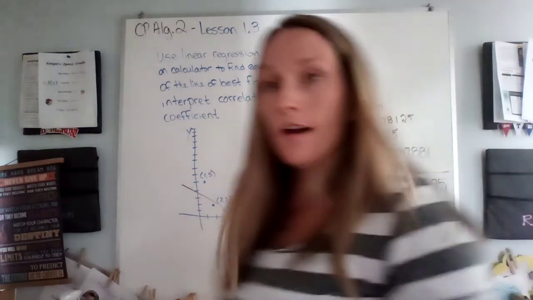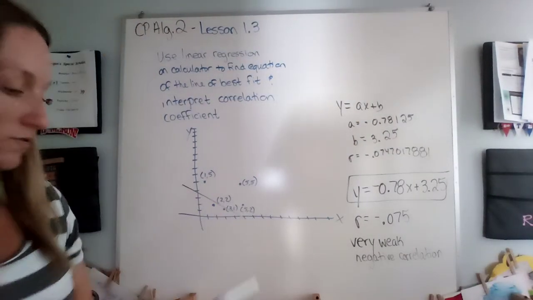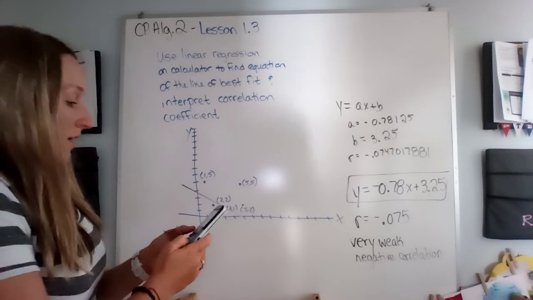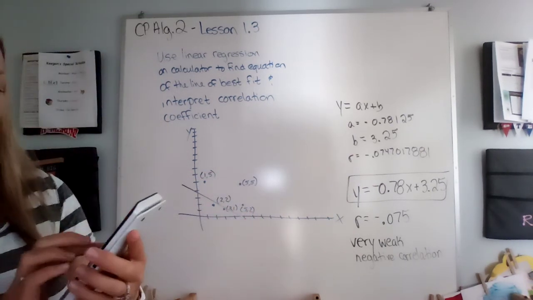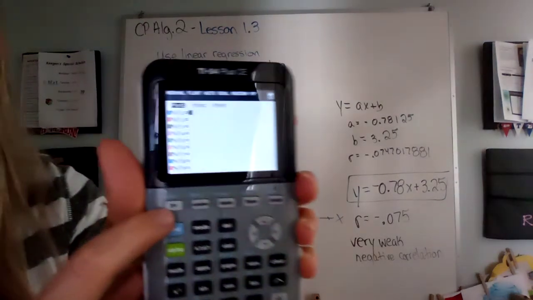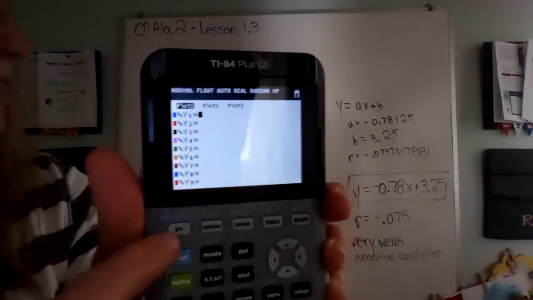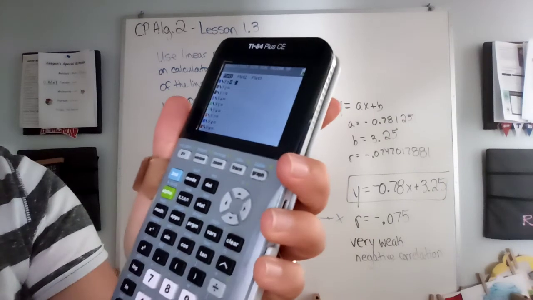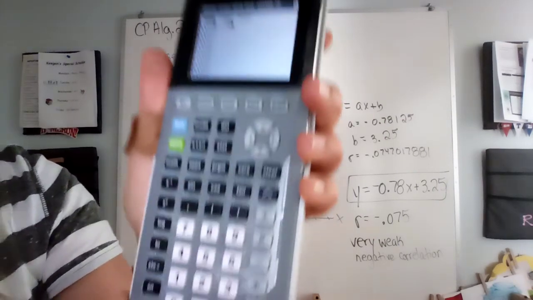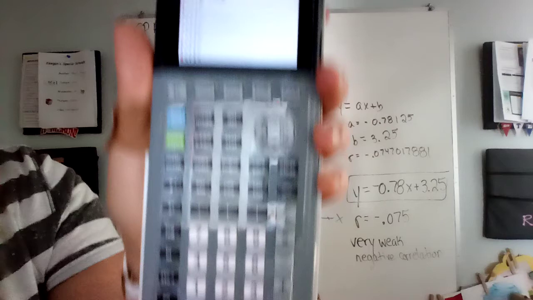I said we could graph, which I'll do real fast and then we'll be done. If I want to graph this equation and see it in the scatter plot, I hit y equals right here, and that brings me to the screen, and I type in the equation we came up with. Negative 0.78, make sure you use the negative button, not the minus sign.